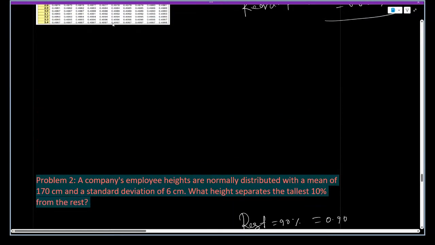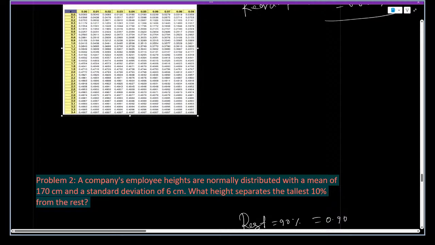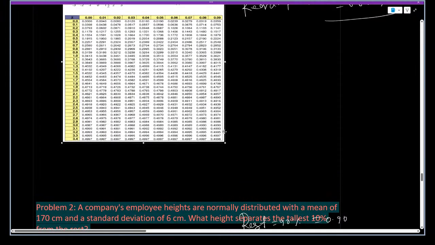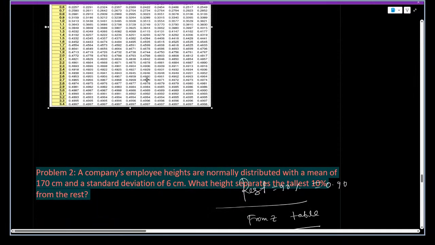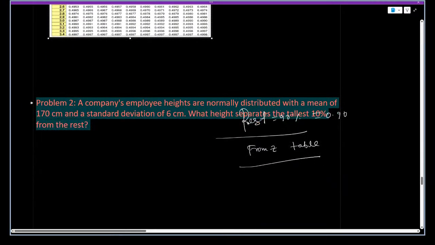The table is with you. In the table, just check what value corresponds to 0.90 over there, that Z value. This we have to find. Just a minute. It's mixed up over there.